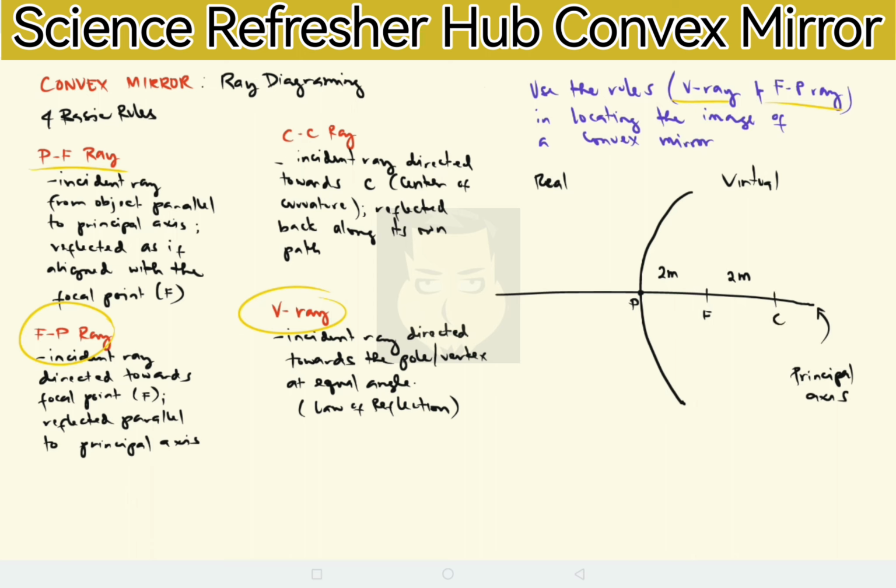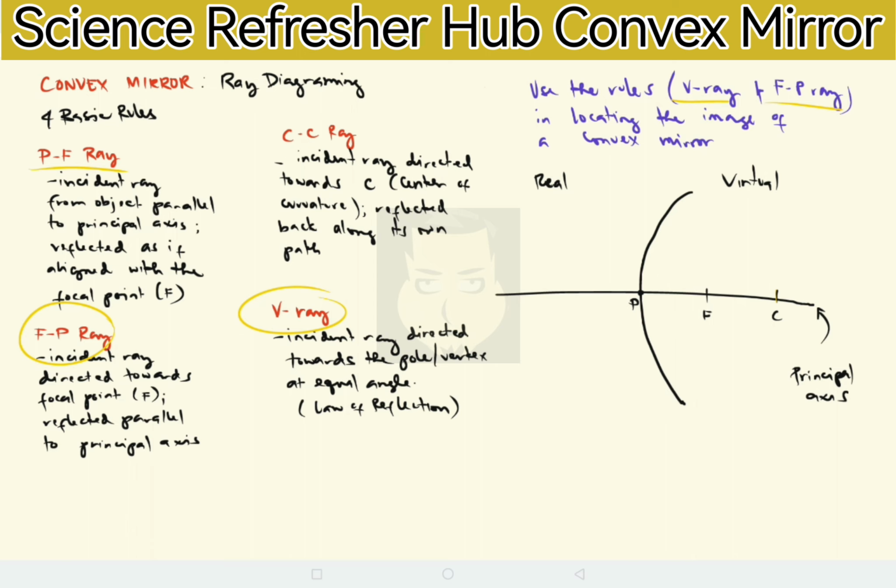And this 2 is the radius of our convex mirror if we want to extend our circle here. So it's equal in length. Sorry, I deleted the center of curvature here.